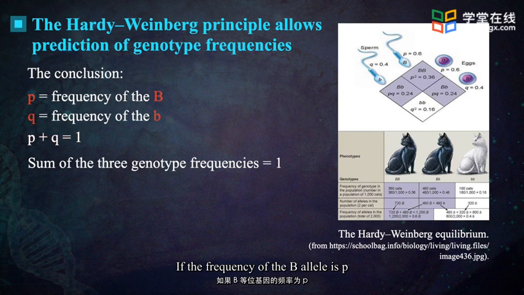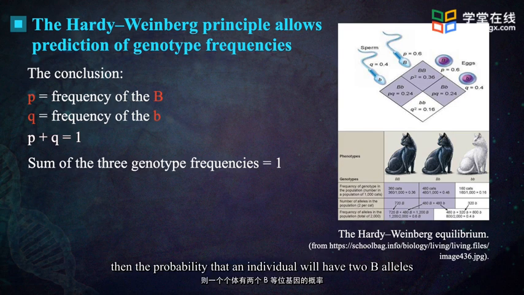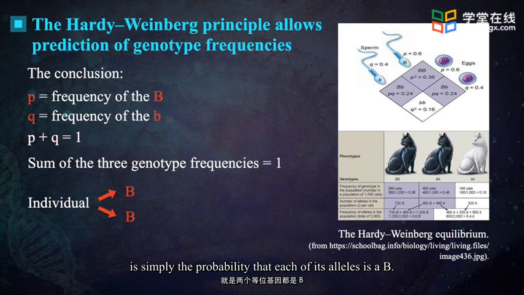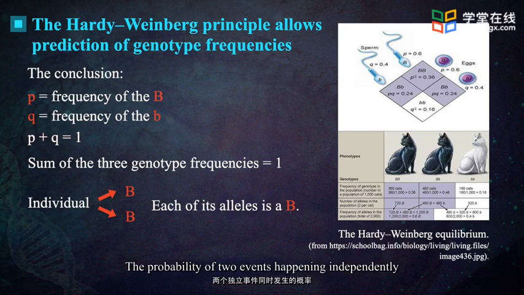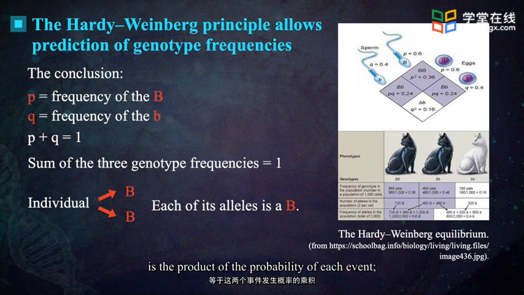If the frequency of the uppercase allele is p, then the probability that an individual will have two uppercase B alleles is simply the probability that each of its alleles is an uppercase B. The probability of two events happening independently is the product of the probability of each event.